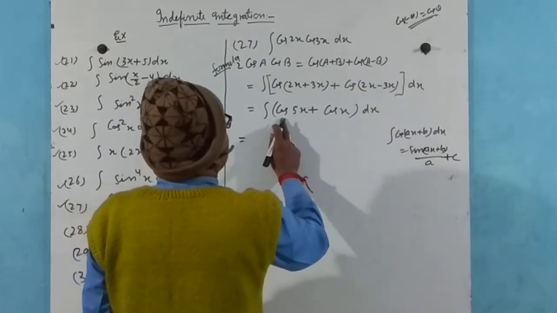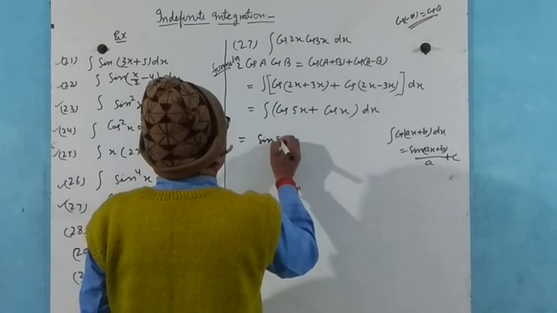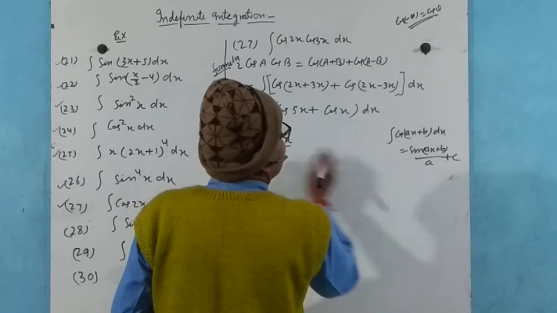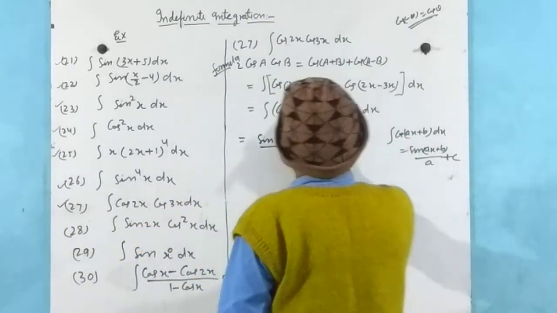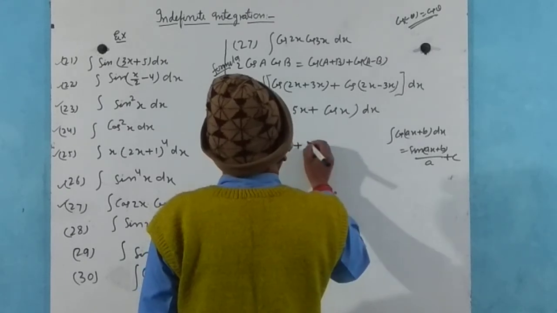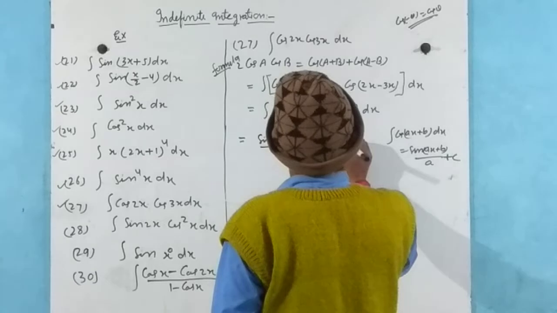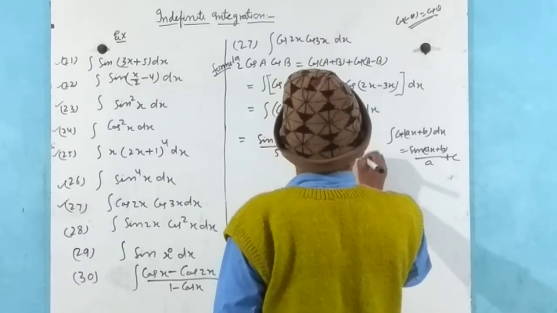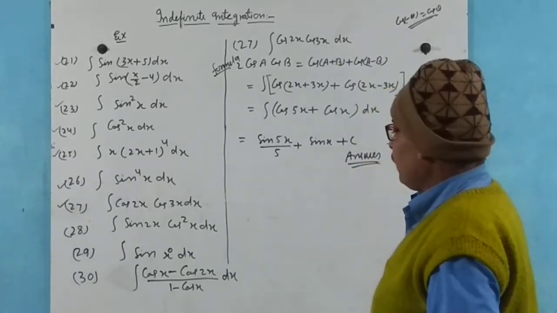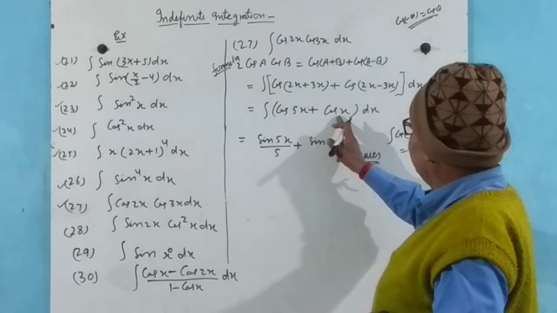This is cos 5x, so it gives sin 5x by 5, and for cos x it gives sin x by 1, plus c. This is the answer here, where a is 1.